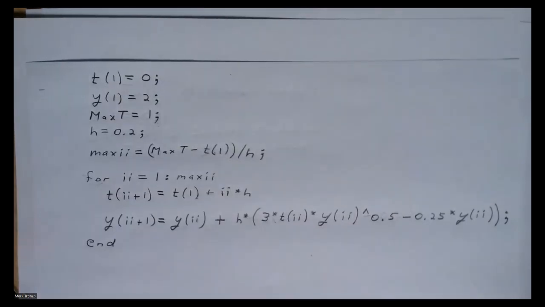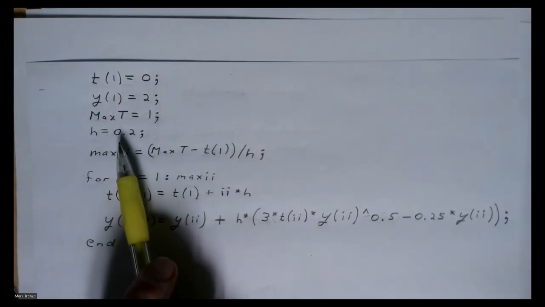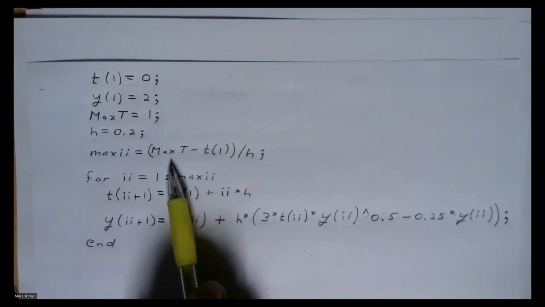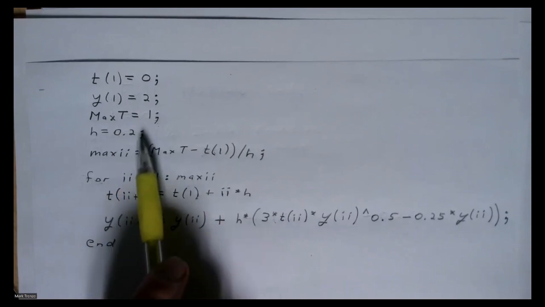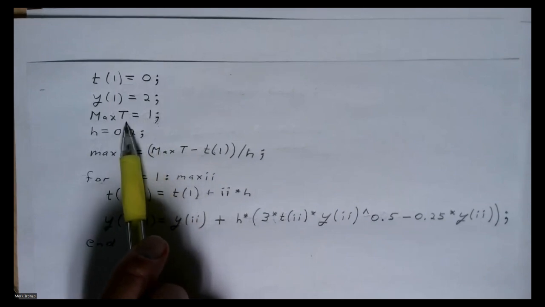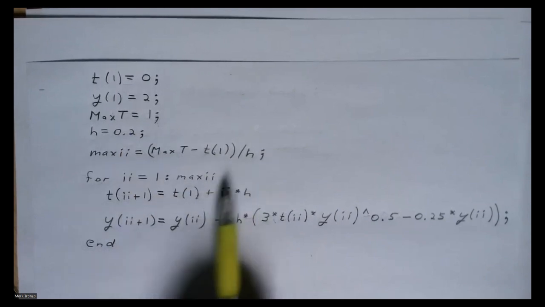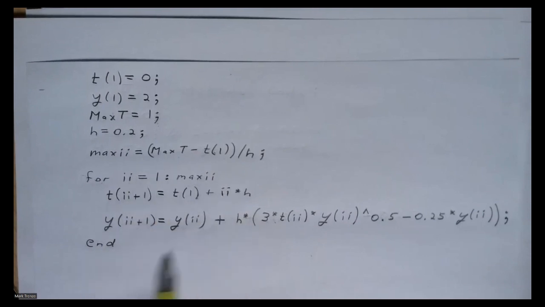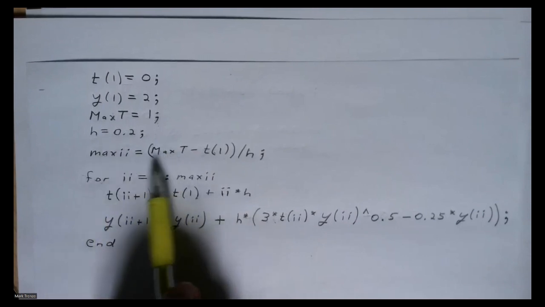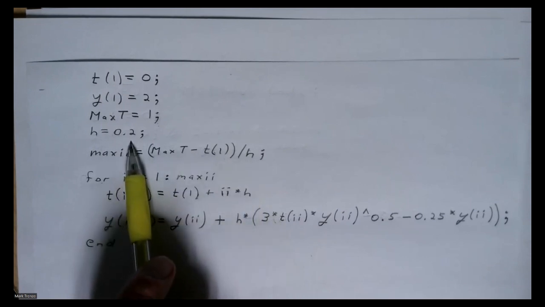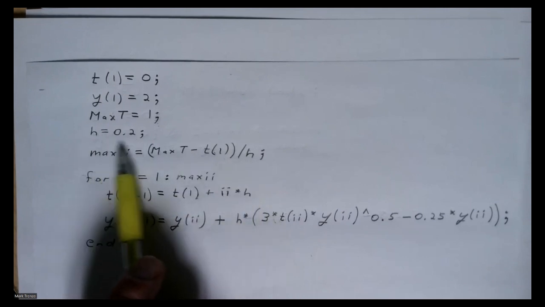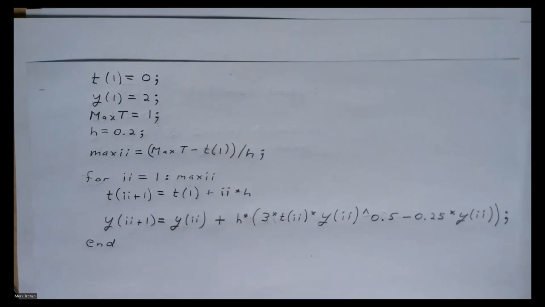So that means, again, if we want to have a value of 0.2, then this is going to have to go through 1 minus 0 divided by 0.2. So it's going to have to go through 5 iterations. But I don't want to enter this every time in case I change this. I'll just change my increment size, then it'll automatically fix this.